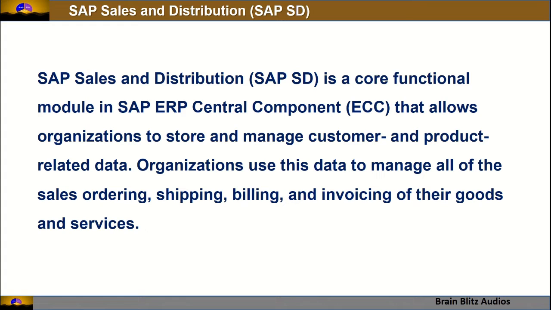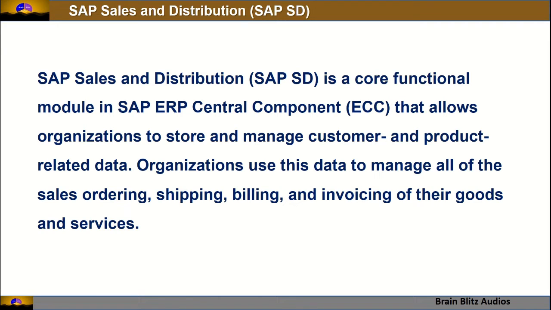Since SD deals with the revenue of a company, it is part of the core function. Without SD, it is also possible to run a company in SAP only in finance, where revenue bookings are done directly. But to map the sales cycle, this module is important and it is not possible without it. And it allows an organization to store and manage customer and product related data.